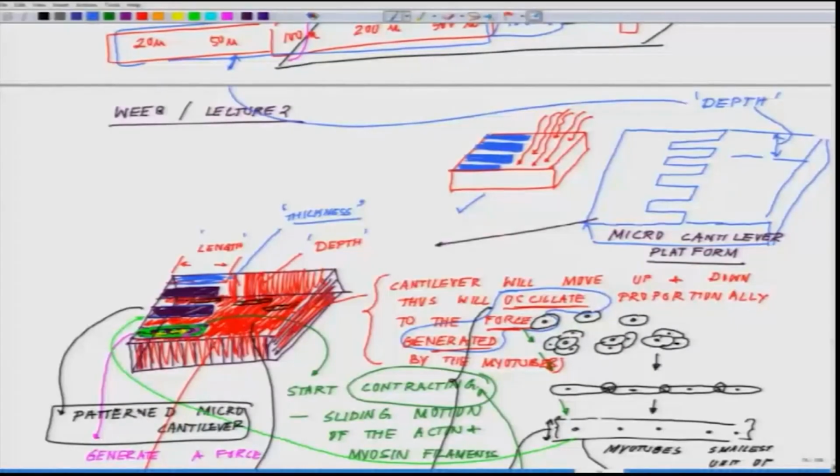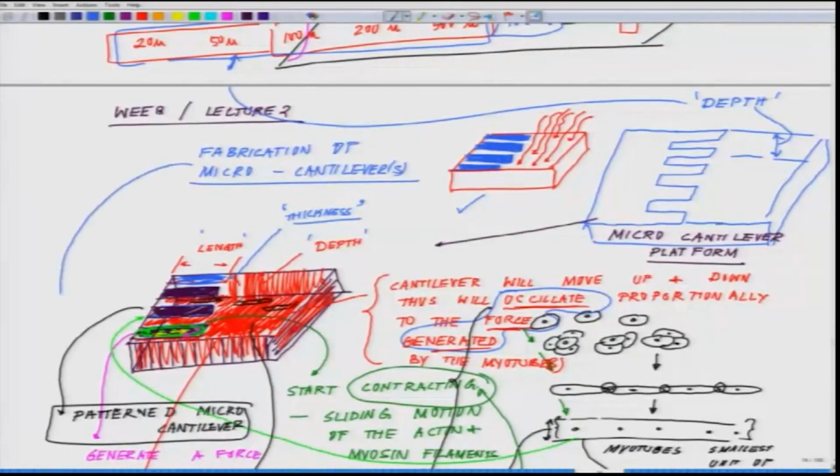Here it is: fabrication of micro cantilever, followed by how you can pattern such cantilevers.